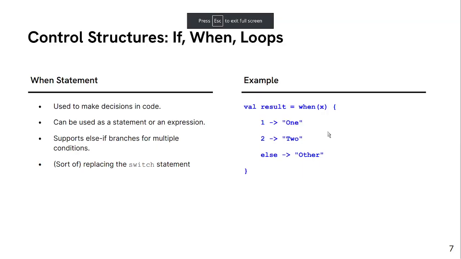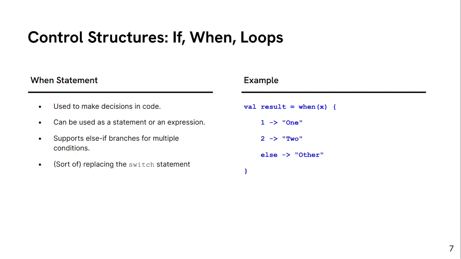For the next one, the when statement, Kotlin replaces the switch statement with when. Remember, we have the switch statement, switch case, and usually we will use the break statement along with the switch.